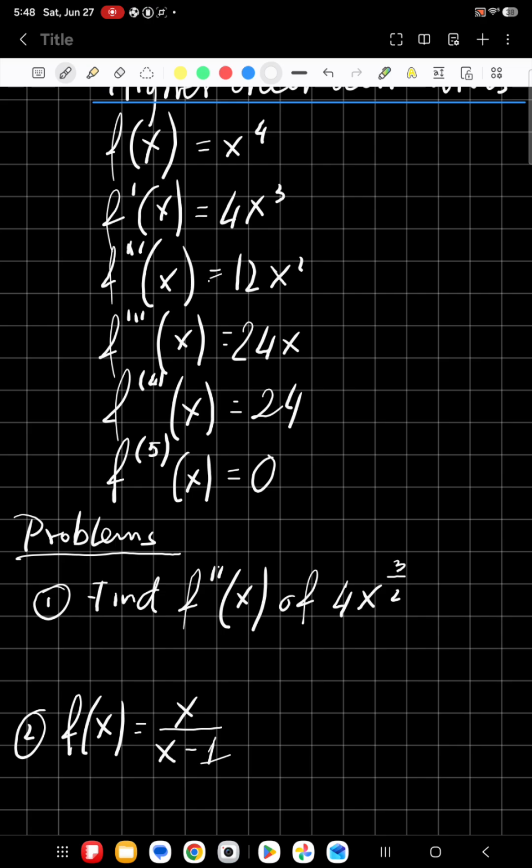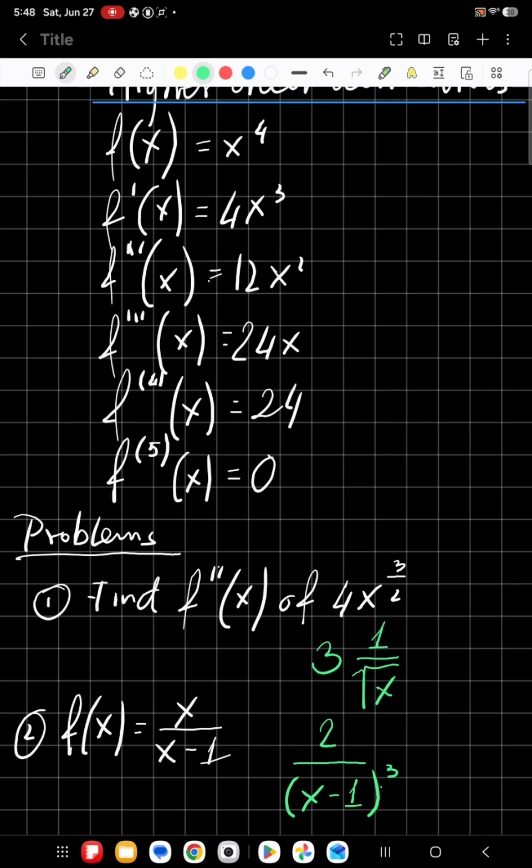Okay, so let me give you the answers. The answer for the first one is 3 over radical x. Okay, so that's the first one. And here, the second one, I have something like this, over x minus 1 to the third.